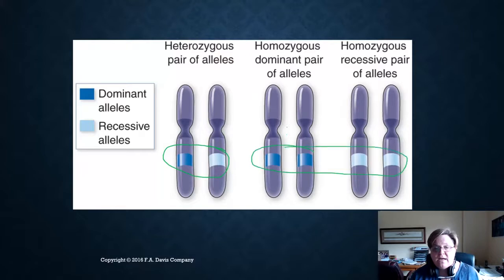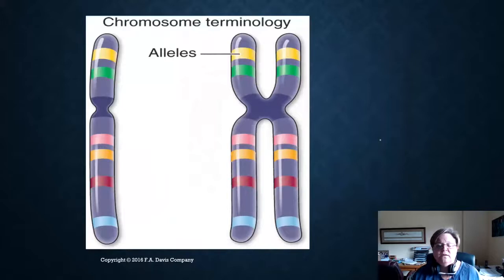This one here has two dominant, and this one has two recessive. As we look at the chromosomes, oftentimes we'll mark the alleles on the chromosomes to look like bands, and so you can see them in this way as well.